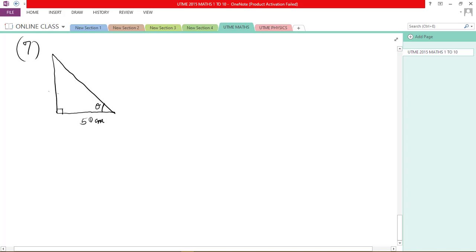We don't need the theta. But we're told that tan theta of the angle is 2.4. What is tangent? It is opposite over adjacent. Here is opposite. Here is adjacent. And they said here is 2.4 and here will be 1 in this case. So that means we are having 2.4 over 1.